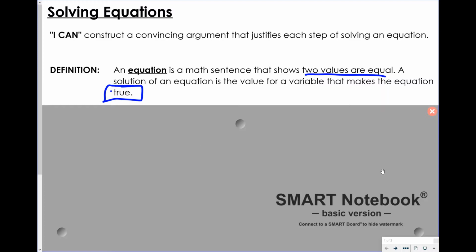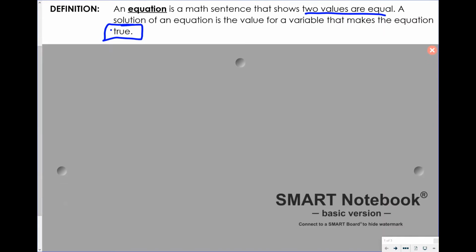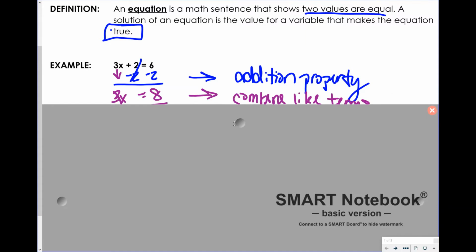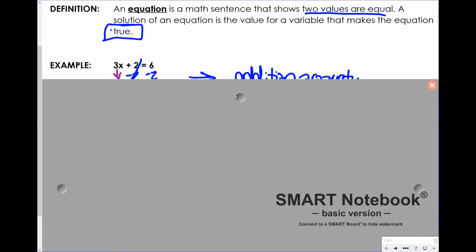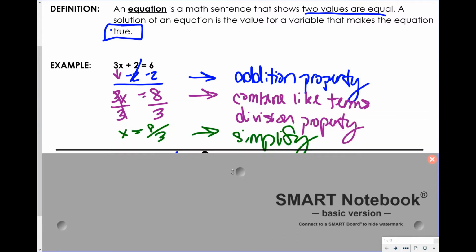Now let me show you guys the steps of how I did it. I'm going to scroll down now. I'm going to leave the definition up here. Okay, so you have 3x plus 2. That's supposed to be... Oh my gosh. Hold on, you guys.